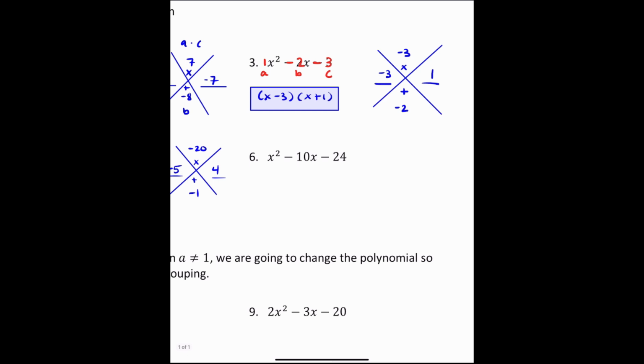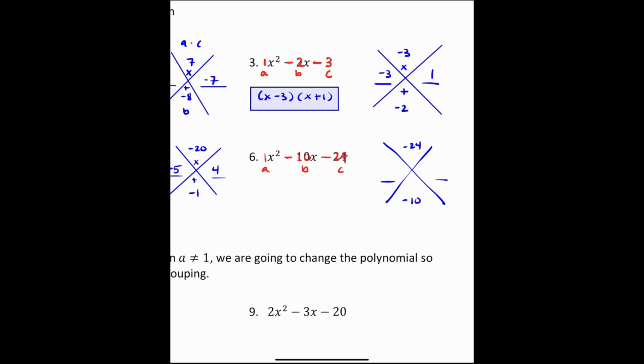Number 6, x squared minus 10x minus 24. So a is 1, b is negative 10, and c is negative 24. So a times c, or 1 times negative 24, is negative 24, and our b is negative 10.